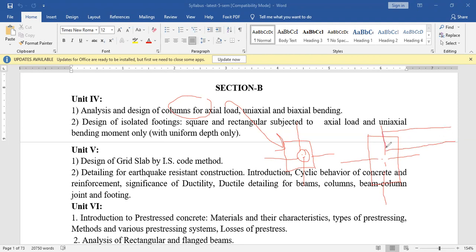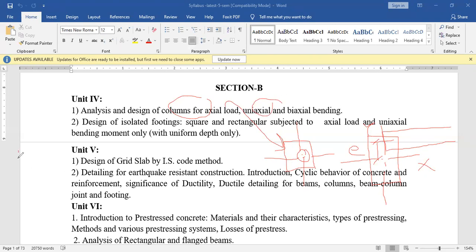Okay, it is not at the center in one part. It is going to have the eccentricity. So this kind of eccentricity is nothing but will create certain bending, and that is called uniaxial bending. So this is the x and this is the y. So in the x axis or in the y axis, this will have the bending.